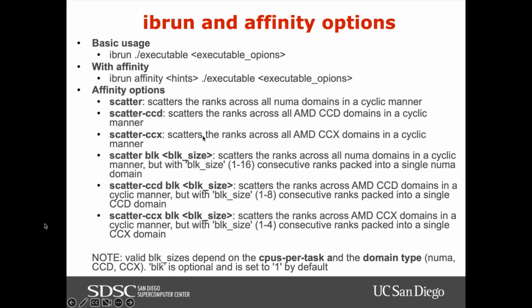And it will put those 32 tasks on different CCXs because you have 32 CCXs on a single node. You can also scatter with a block size. So you can achieve the same thing if you want by setting up different block sizes. And then it will just go in sequence on the tasks. So there are so many different options, basically.